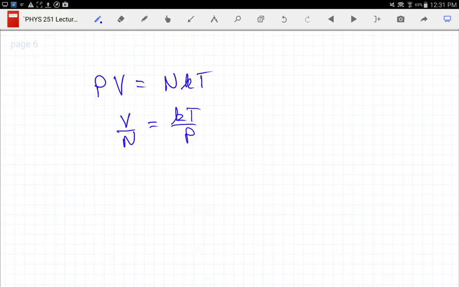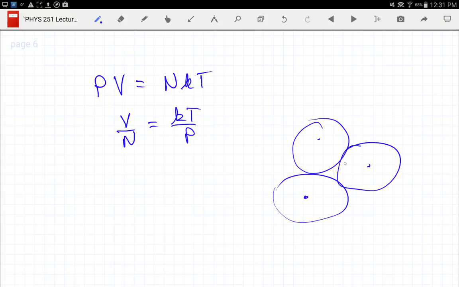Simple enough, right? Well, in this case, if I have one atom, that atom would have a volume that it is filling of this V. If I just put N as 1 in that V, that's the volume one atom fills. And so I say, okay, I have a bunch of atoms. Each one is carrying its own space. What's the separation between them? Well, I drew these as circles.